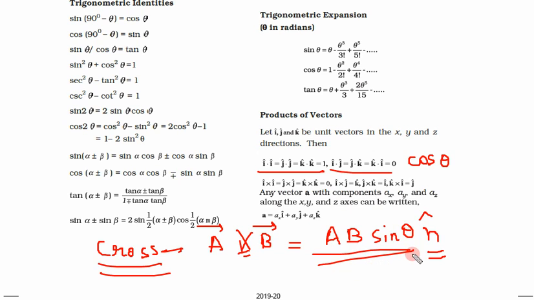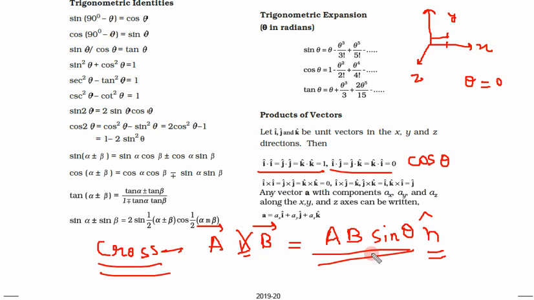So let us see how cross product is solved. So x, y, and this is z. So i cross i. i and another i are both in the same direction, so the angle theta is equal to 0.